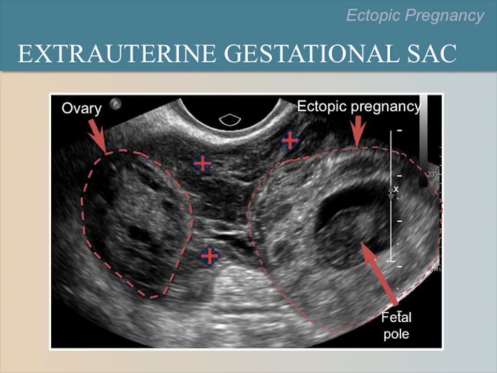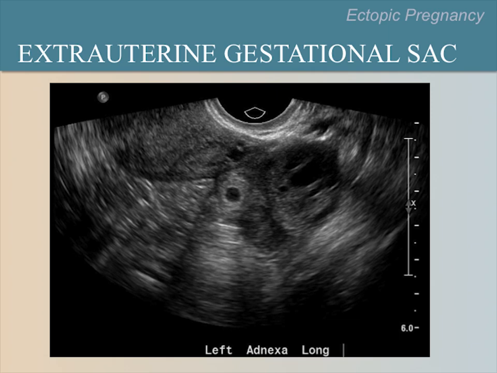Here we have labeled with crosses the complex fluid that surrounds the ectopic pregnancy and the ovary. This is blood clot and suggests that the ectopic pregnancy has begun to rupture. Here is another example. Can you see the gestational sac and the ovary in these images?